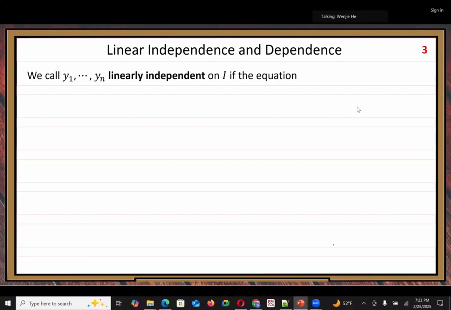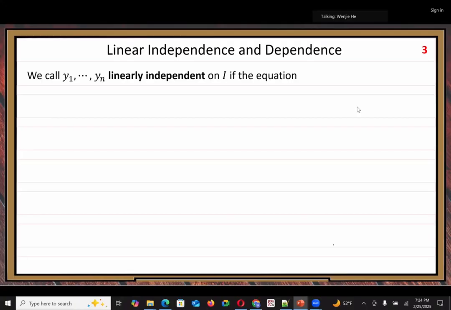Although later we will use these y1 through yn as the solutions for the homogeneous nth order linear ODE, here, when we define linear independence, we do not require solutions. When we make this definition, that's for general functions.